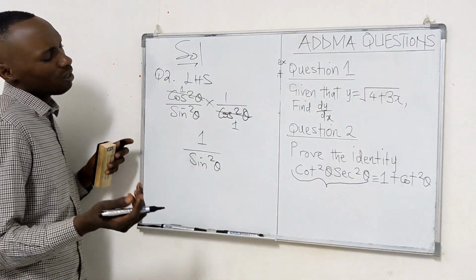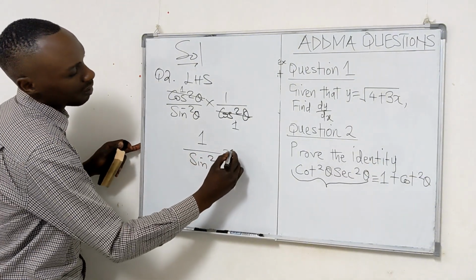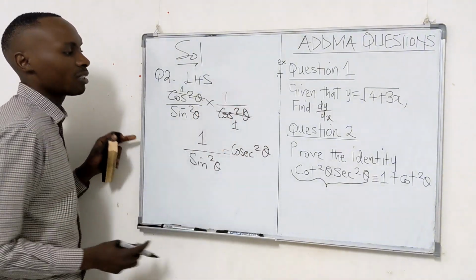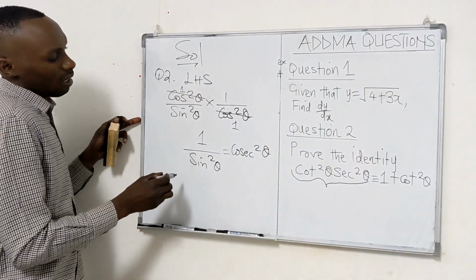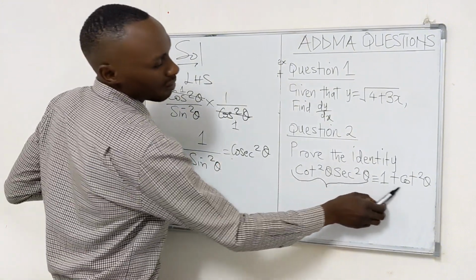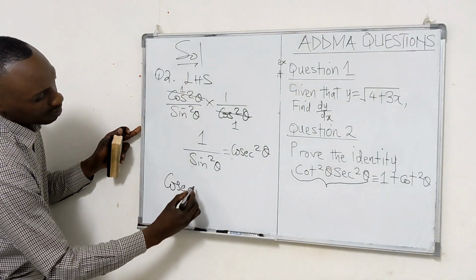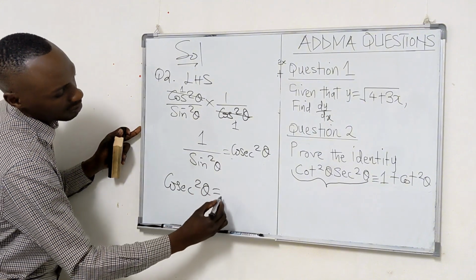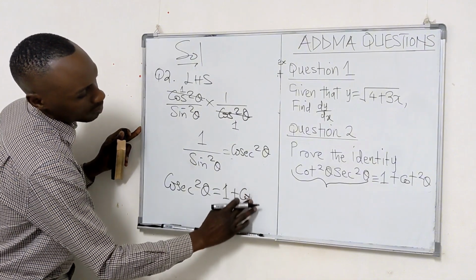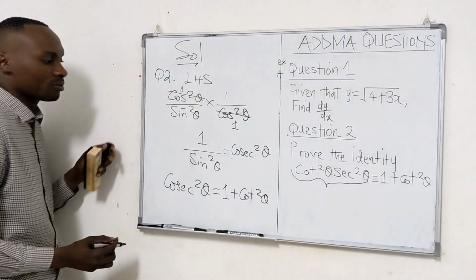And 1 over sine squared theta is the same as cosec squared theta. And then we know that cosec squared theta is the same as 1 plus cot squared theta.